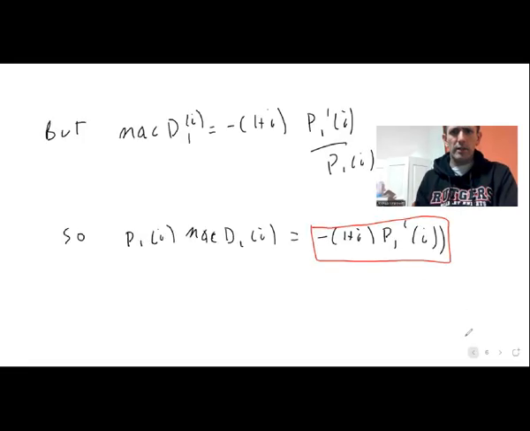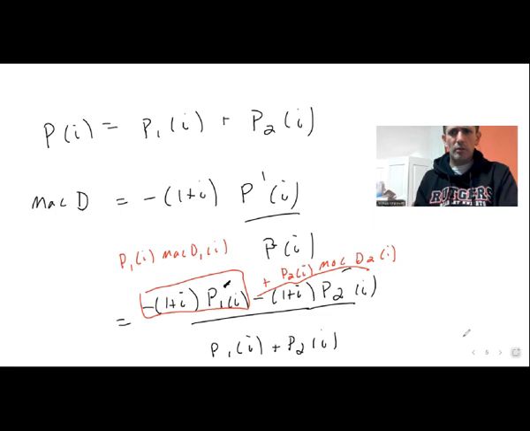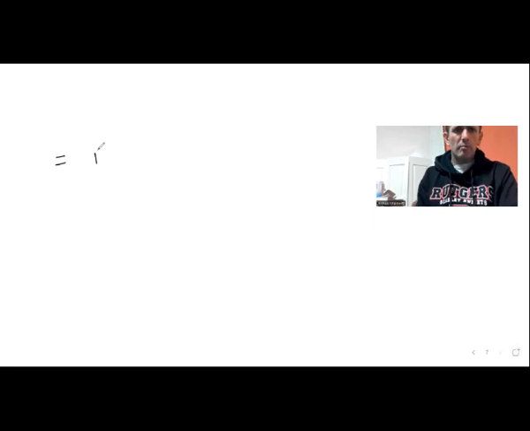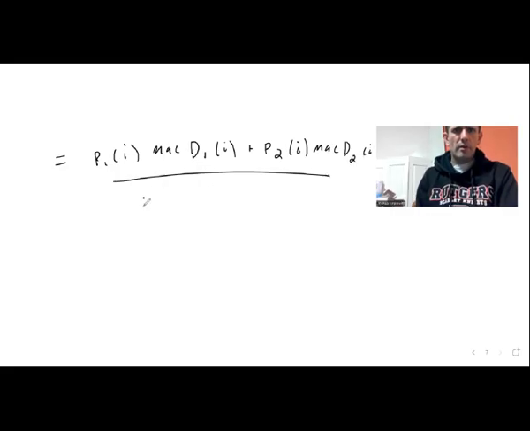This is going to be equal to P1 of I times the Macaulay duration for the first annuity at I plus P2 times its Macaulay duration, over P1 plus P2.